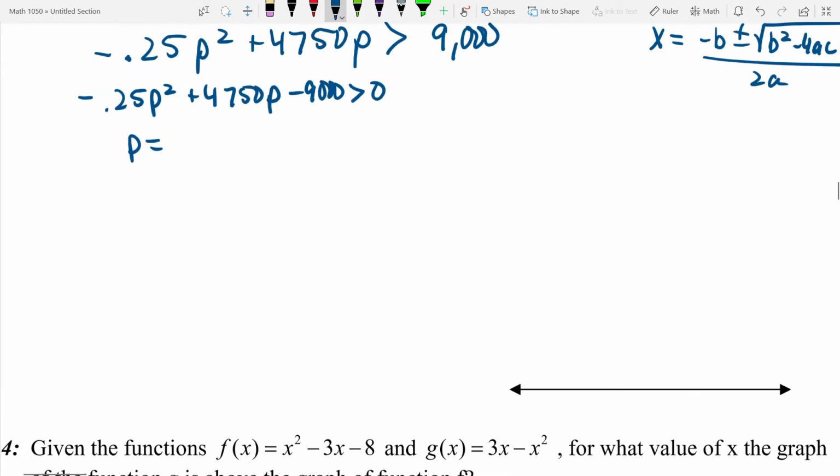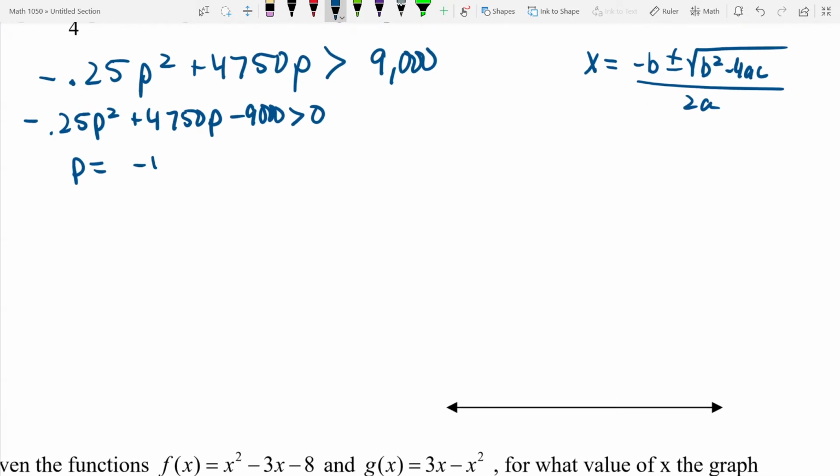Okay, here we go. So we have negative b, negative 4,750, plus or minus the square root of b squared. Now I told you never write it as something squared. I'm going to break my rule because that is such a big number, and besides that it's positive anyway, so I'm not going to get confused. So don't usually do that, but we're going to break our rule.